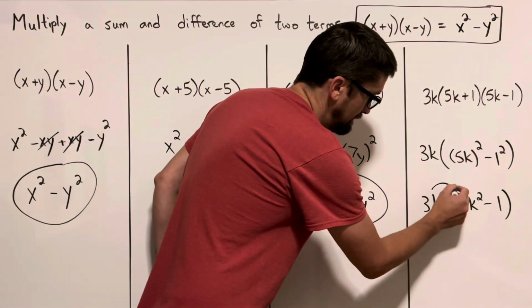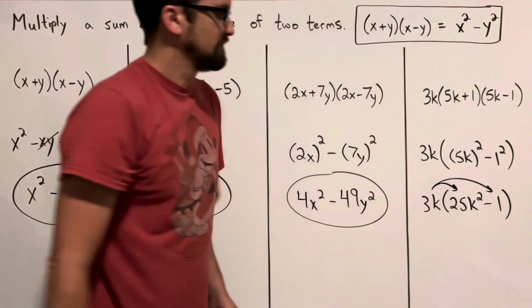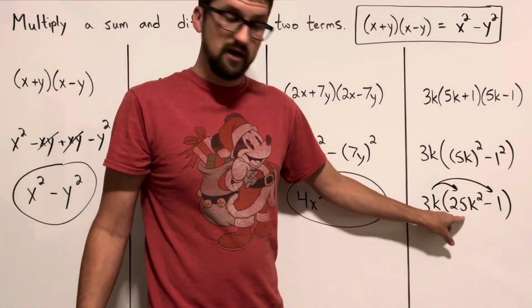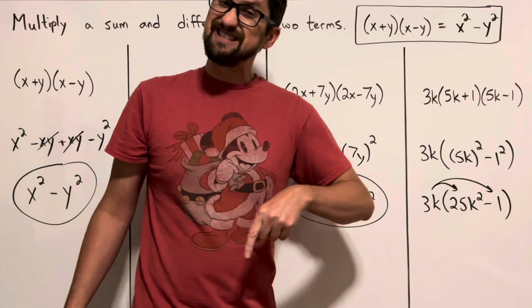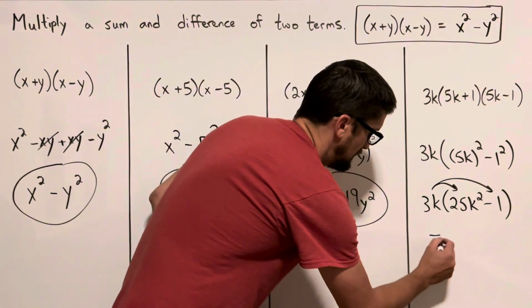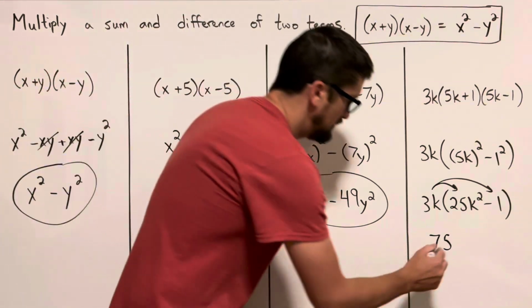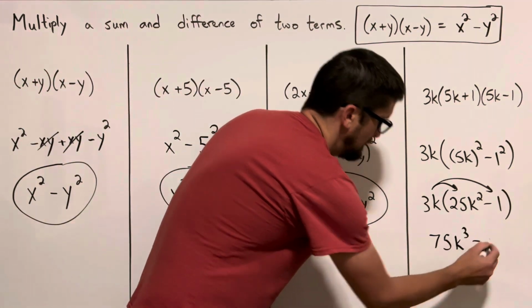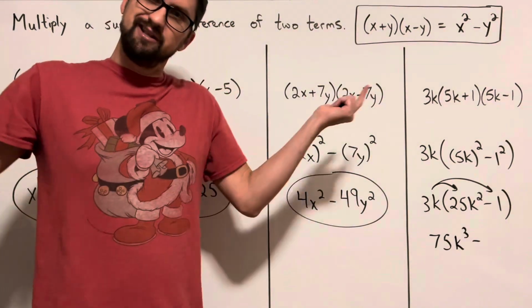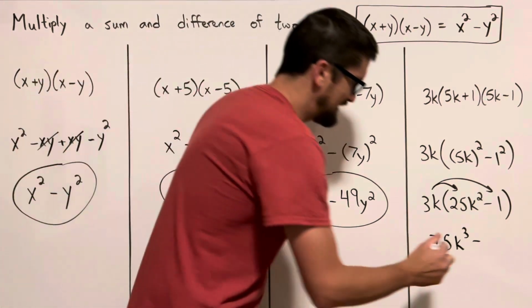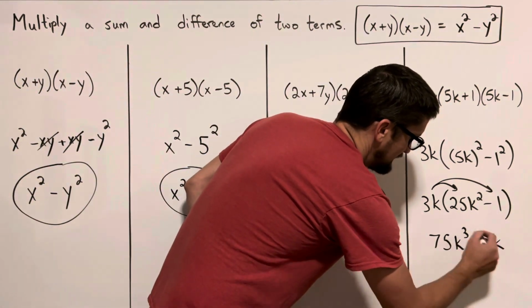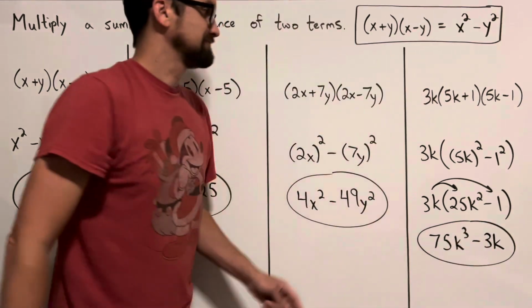I'm going to distribute it. 3k times 25k squared. 3 times 25 is 75. And then k times k squared is k cubed. And then 3k times 1. Anything times 1 is itself. So that's going to be minus 3k at the end. There you go.